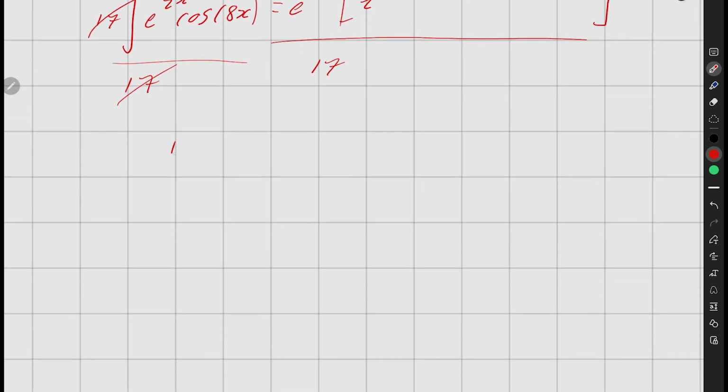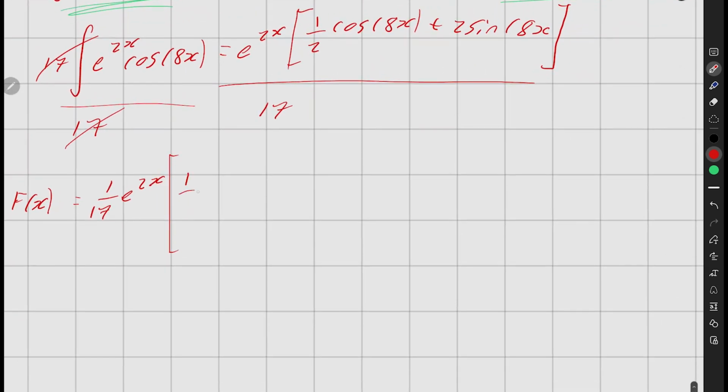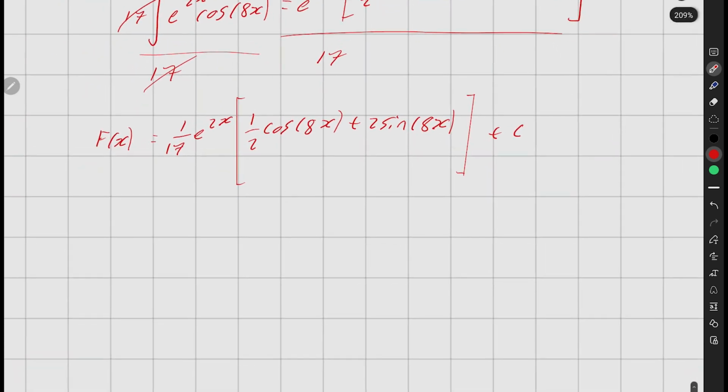So we know our integral f of x can be equal to 1 divided by 17 e to the 2x, multiplied by half cosine 8x plus 2 sine of 8x. And don't forget your plus c.